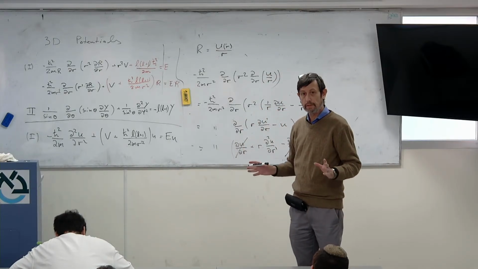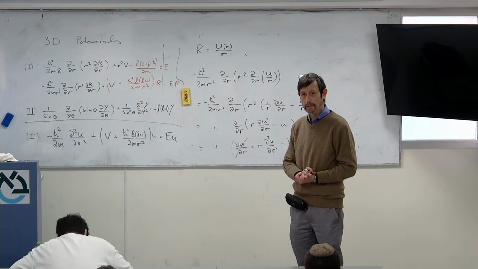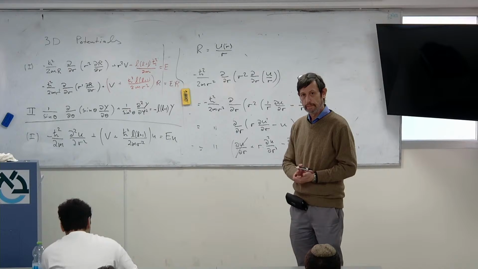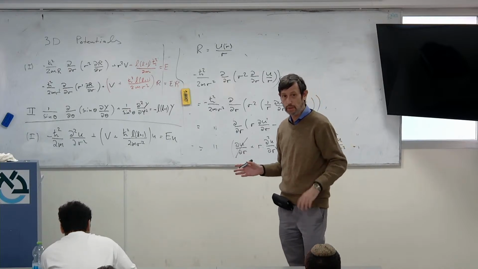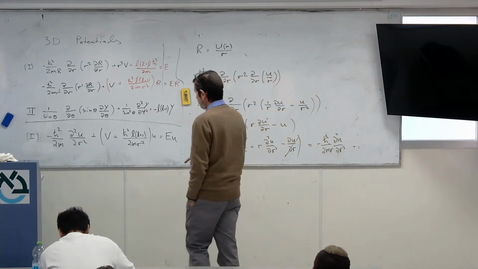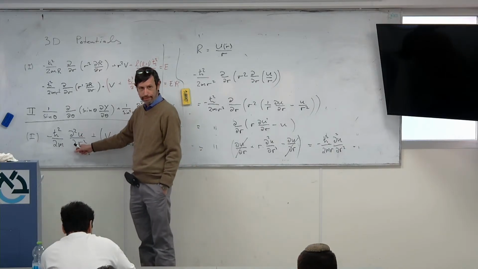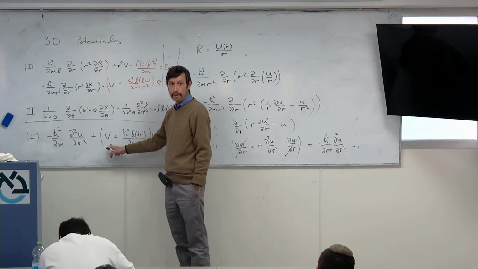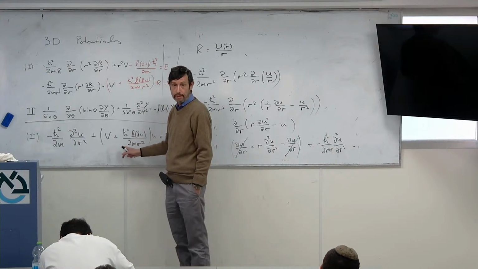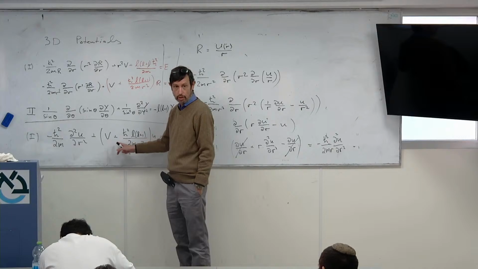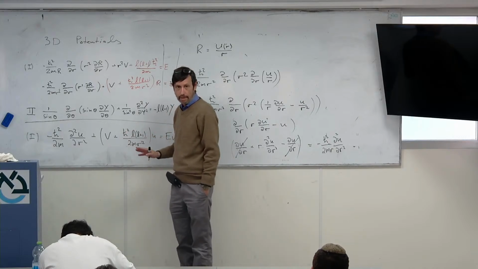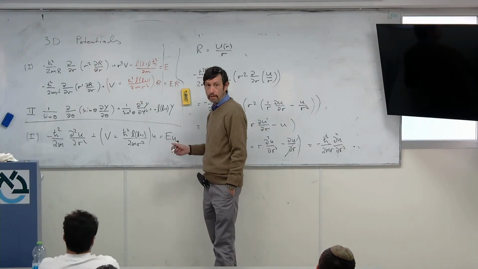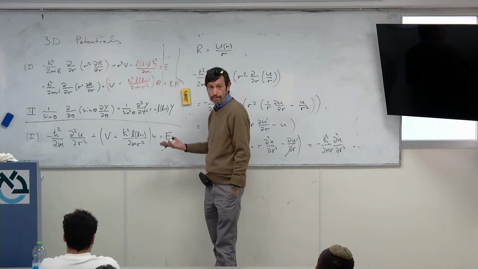This is something that already very much reminds us of a one-dimensional potential problem. We have here the kinetic term for u. We have here some potential that's a bit more complicated than my original potential, but still a well-defined potential, and a Schrödinger equation.